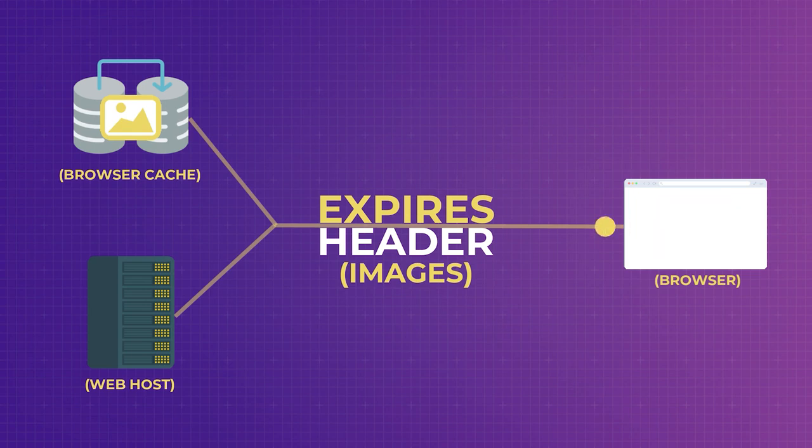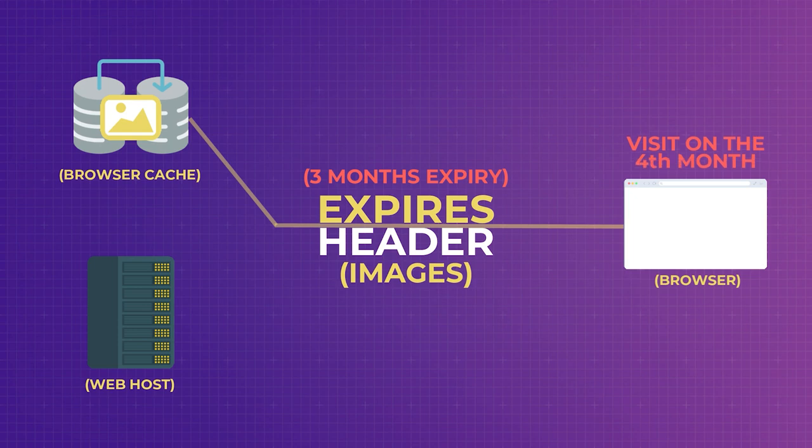And when that person visits your site again, those images will be displayed from the cache storage, which speeds up the page load time because the browser does not need to connect with your server again. However, if the expires header has expired, it will instruct the browser to fetch the images again from the server and display them, after which the newly fetched images will be stored in the browser's cache for a set period of time again.